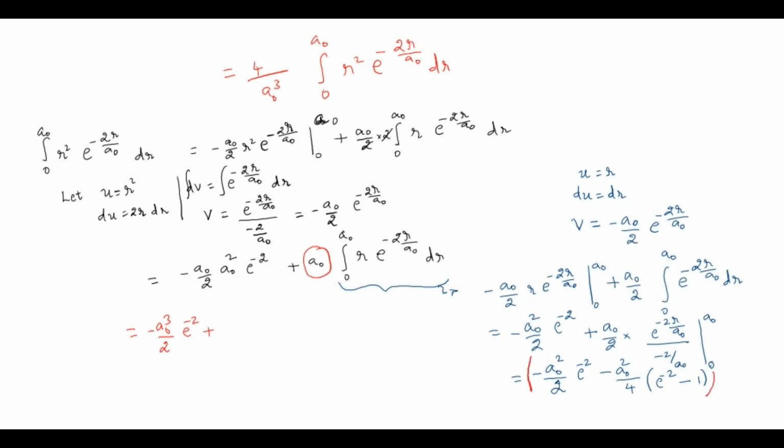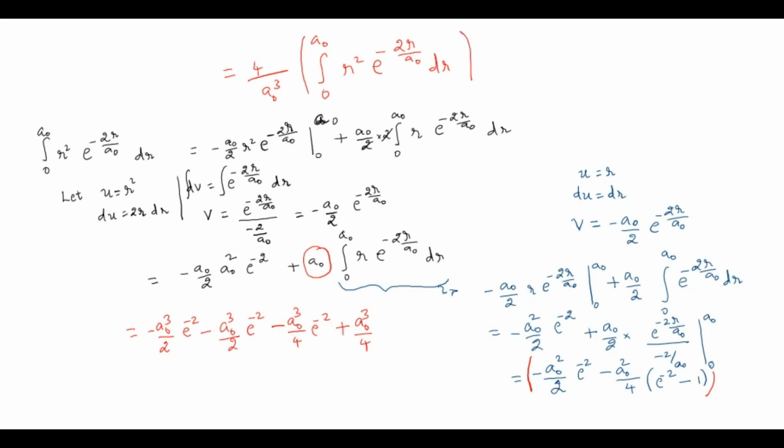Minus into plus is minus, so minus a naught cube by 2 e power minus 2, and minus a naught cube by 4 e power minus 2, and minus into minus is plus, so plus a naught cube by 4. So this is this integral.